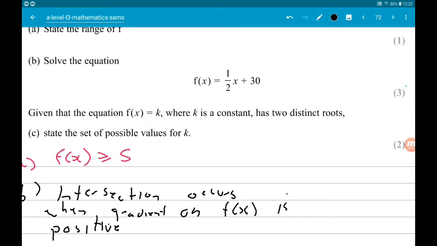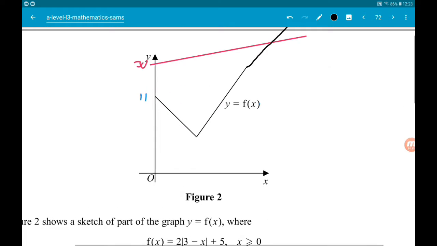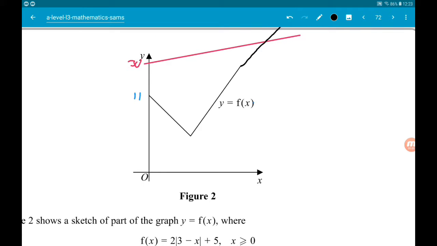Okay then, for part C, given that the equation f of x equals k, where k is a constant, has two distinct roots, we want to state the set of possible values for k. Okay, so for this we need to think about the line y equals k. That is a horizontal line going across from y equals k.